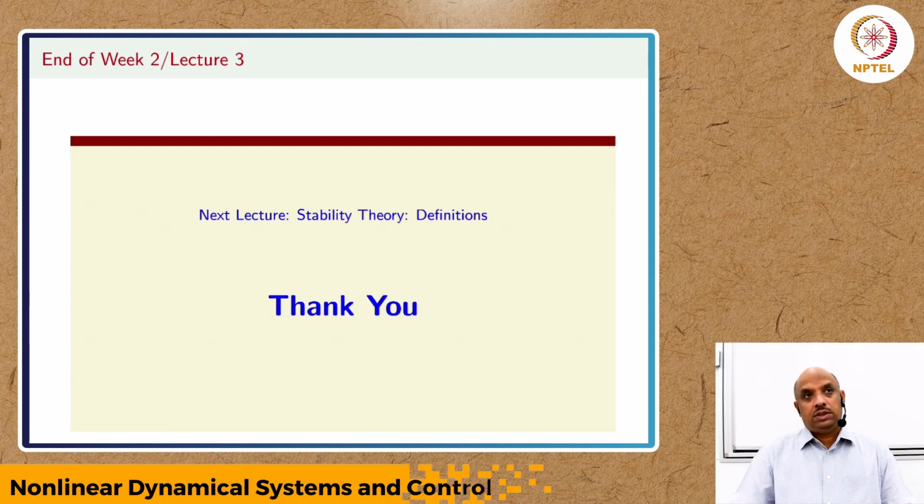So that brings us to the end of this lecture, which spoke about asymptotic behavior of solutions, and we have seen the rich dynamic behavior that's possible, whether the solutions are bounded or unbounded.